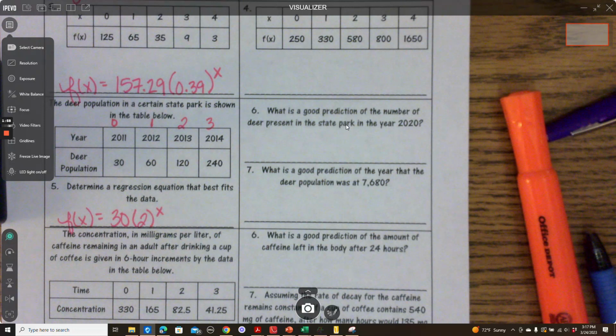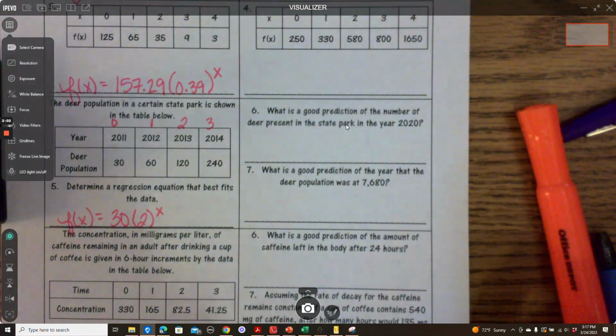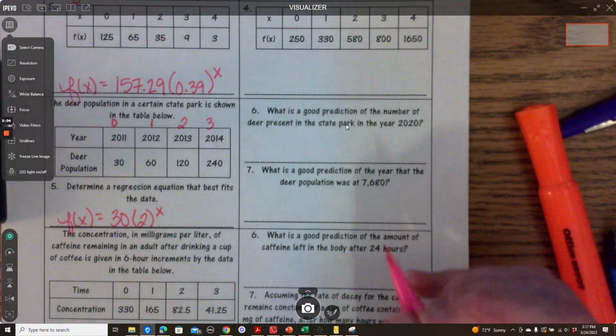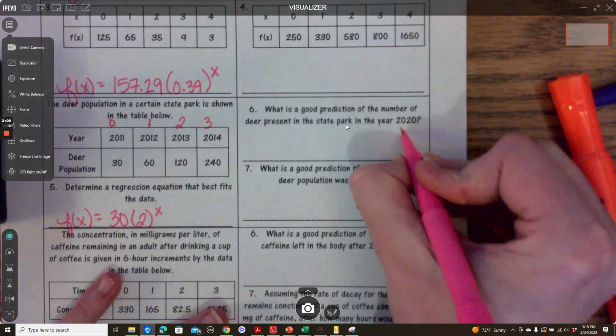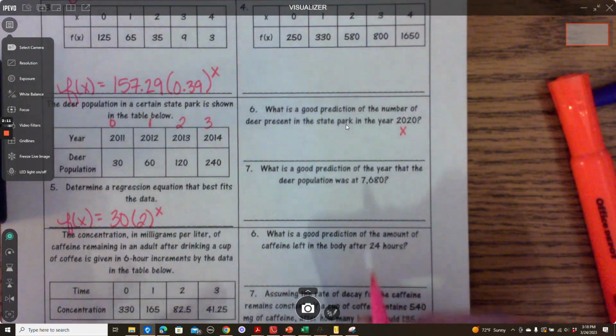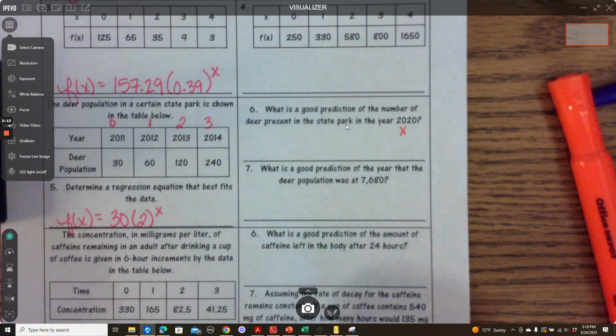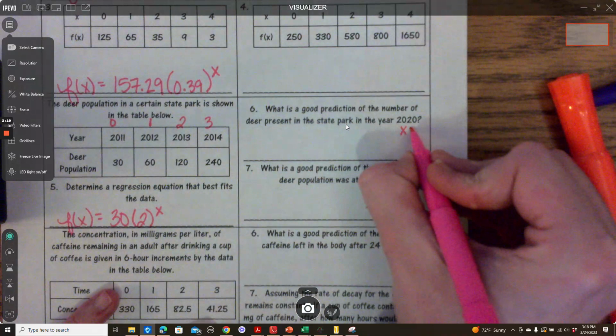What is a good prediction of the number of deer present in the state park in the year 2020? So you have to decide. Year 2020, is that an X or a Y value? X, but we didn't use the years. So what X value would represent 2020? Oh, wait. 9. Yeah.